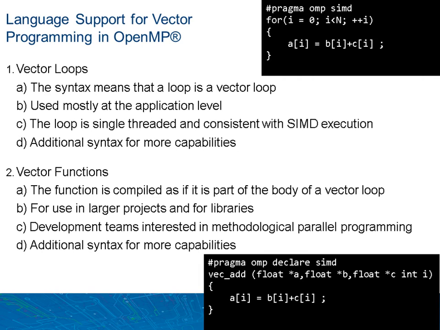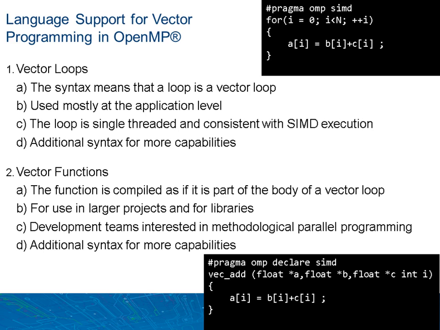Vector programming, as I mentioned, is now part of the OpenMP standard. Roughly, it has two parts to it. One is the one that I showed, illustrated on the top box, saying that the loop is a vector loop. And the second part, illustrated in the bottom box, is the ability to say that a function is a vector function.